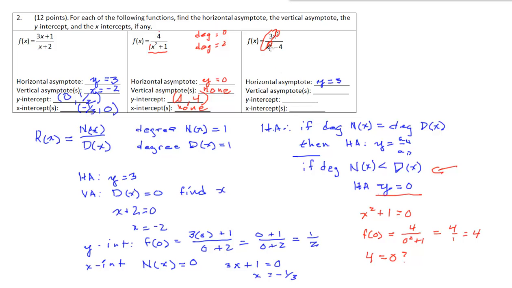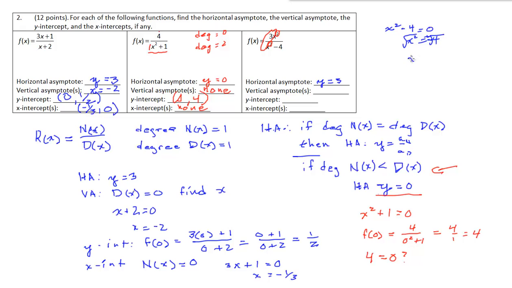For the vertical asymptotes, there we set the denominator equal to 0, x squared minus 4 equals 0. We'd add 4 to both sides. X squared equals 4. Take a square root of each side, plus and minus.